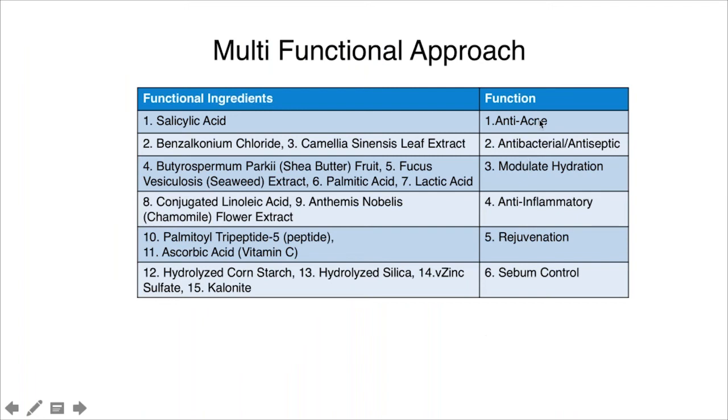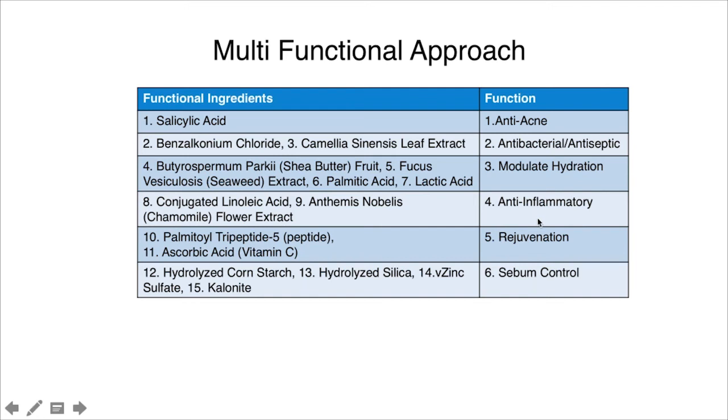In the anti-acne category, of course, it's salicylic acid, the API, active pharmaceutical ingredient. Antibacterial, we use benzalkonium chloride, which in this case has 2 functions. It's a preservative and it's also an antibacterial. And botanical extracts to modulate hydration as well and anti-inflammatory as well.